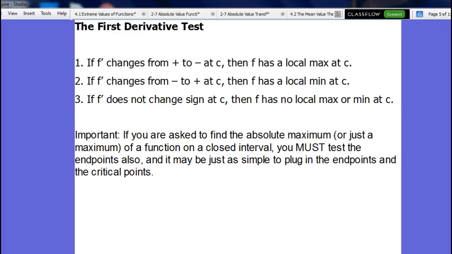Therefore, that critical point is not a relative max or min. It's like one of those blips on the graph that look like this. You know what I'm talking about? Like if you see a graph and it has the little hump in there, but it's not considered a critical point, that would be because this would stay decreasing, right? So the derivative would stay negative, even though you have this critical point occurring.